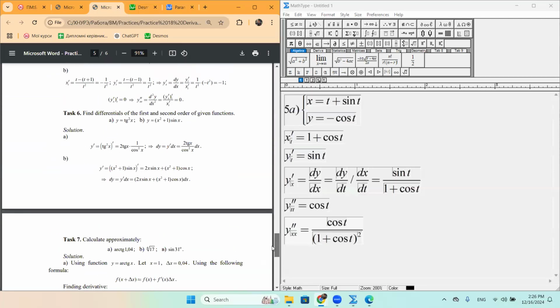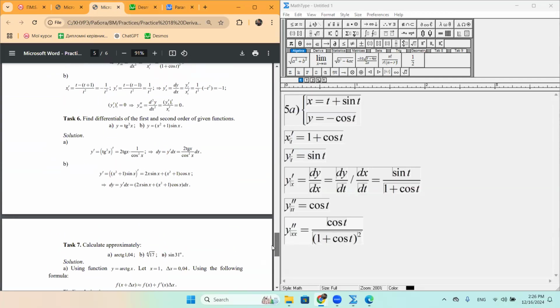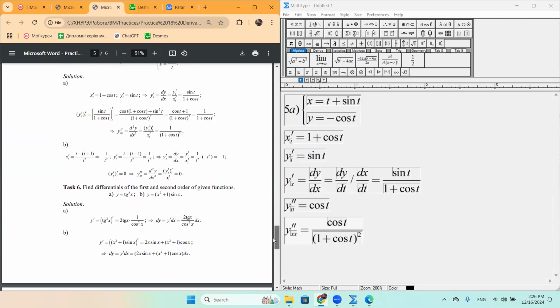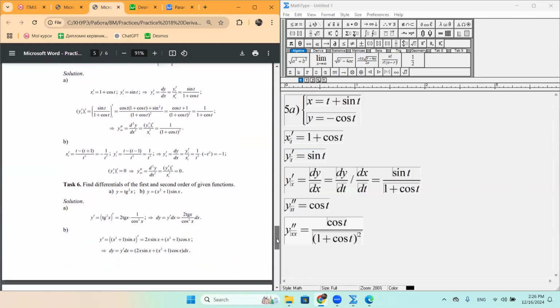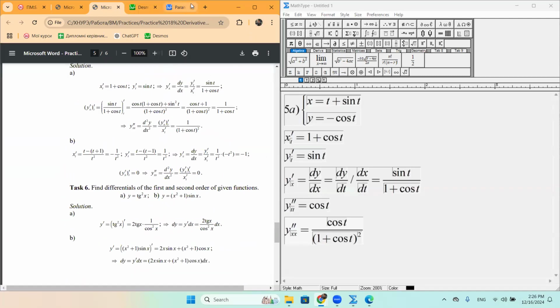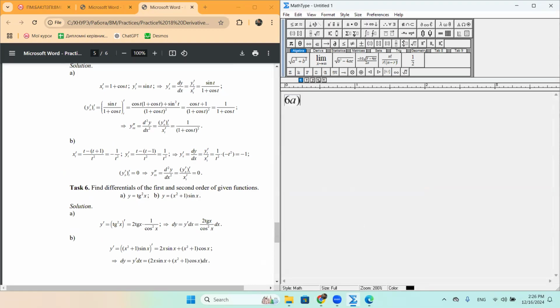Okay, let's continue. What else do we have? Well, so derivatives of the first and the second order. Oh, yeah. Let's find differentials of the first and the second order. So basically, how can we also write the derivative of the function?